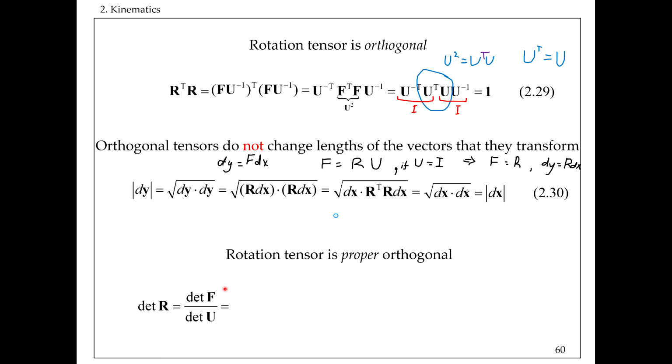We can multiply it with det F, which is also det F transpose, and take the square root. It still will be the same det F, right?